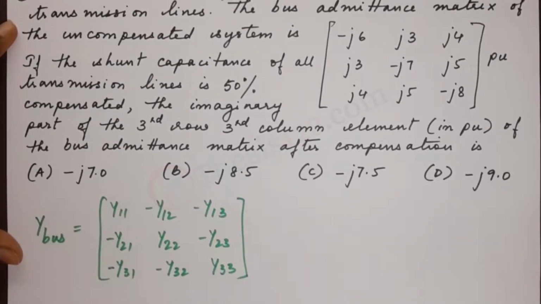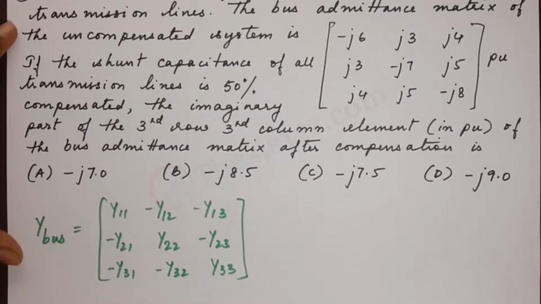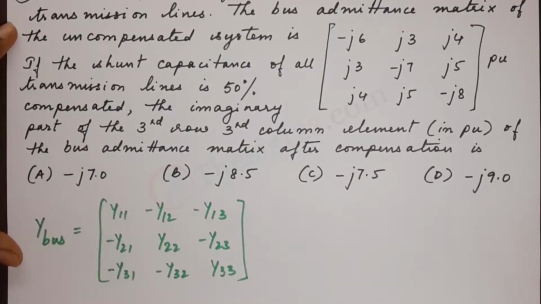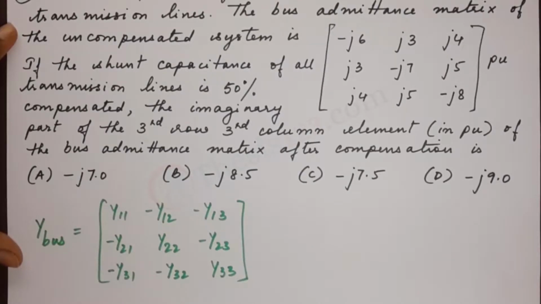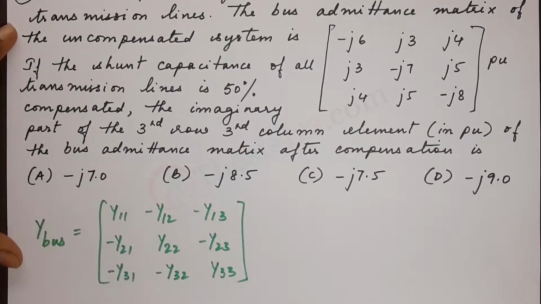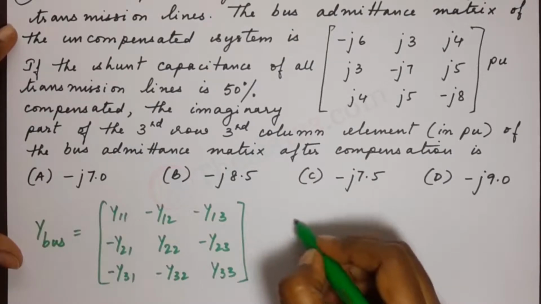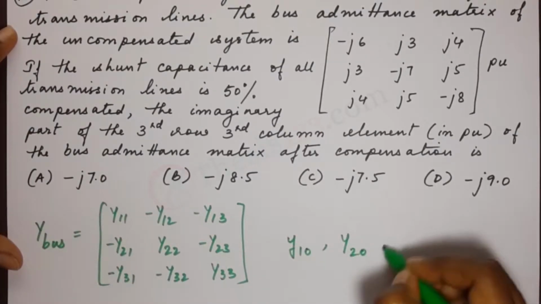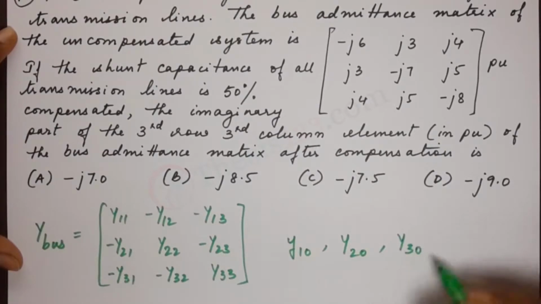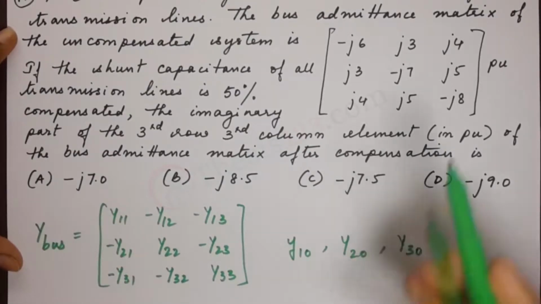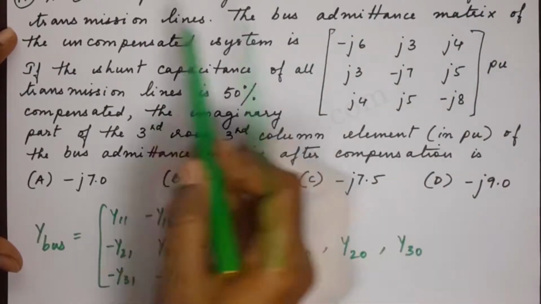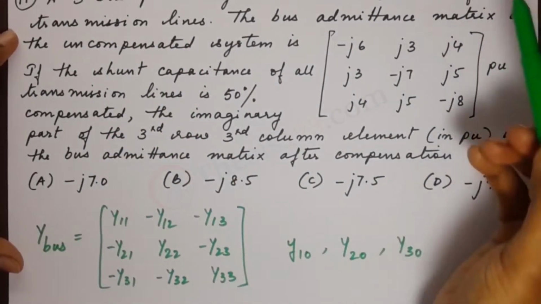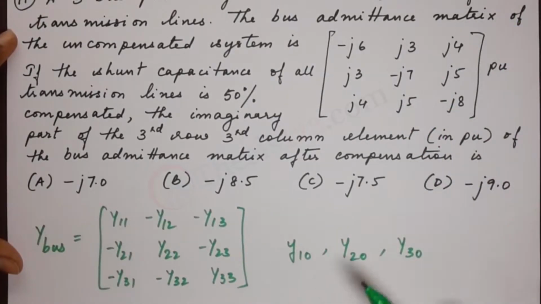Okay, so the next step is to find out the admittance between the bus and ground. Between the bus and ground, we note those admittances as Y10, Y20 and Y30. Because here the question says that we have 3 transmission lines, we will have to find out the admittance of each line between the bus and the ground.